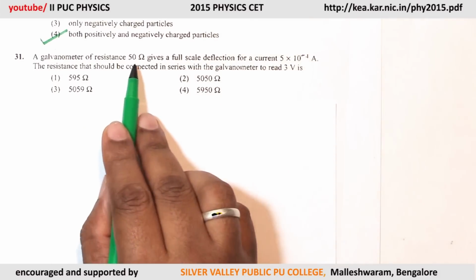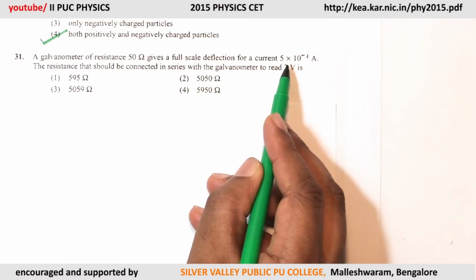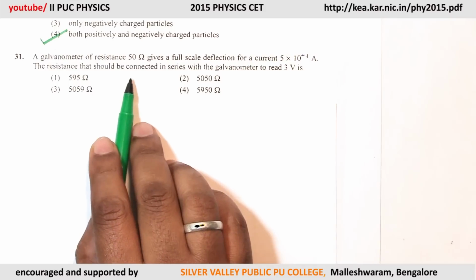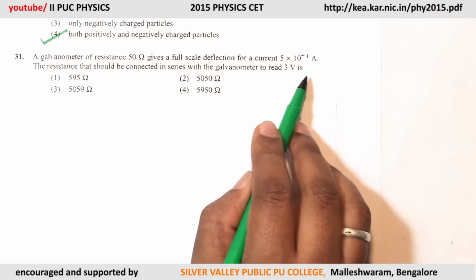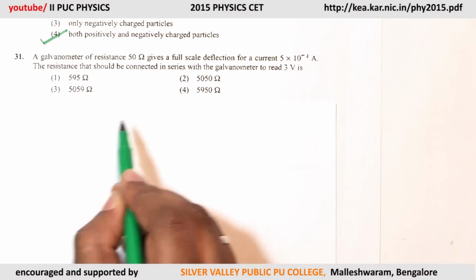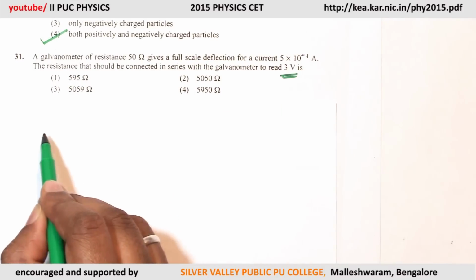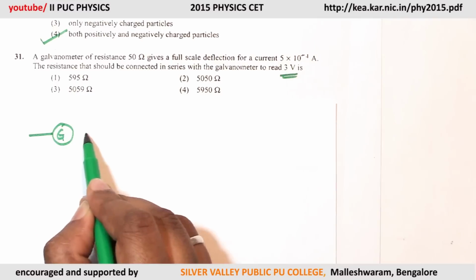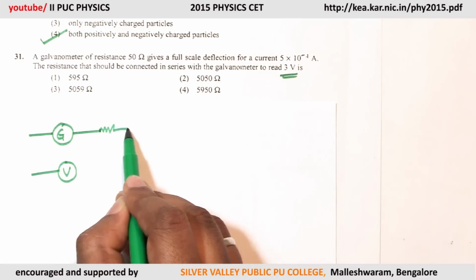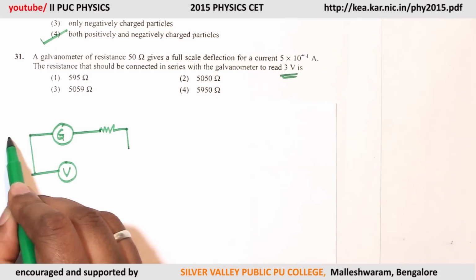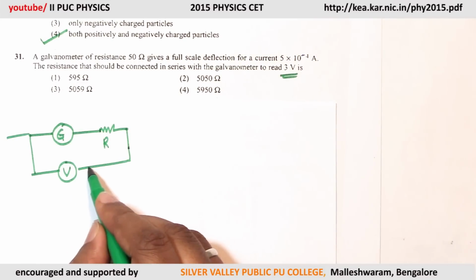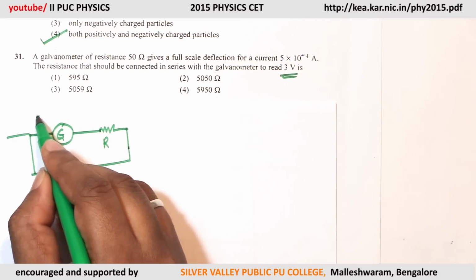A galvanometer of resistance 50 gives a full scale deflection of current 5 10 power minus 4 ampere. A resistance that should be connected in series with the galvanometer to read 3 volt is, galvanometer that is connected in series. So galvanometer is connected into voltmeter. Galvanometer of resistance G is converted to voltmeter by connecting a high resistor in series. This is R. Current through the galvanometer is Ig.